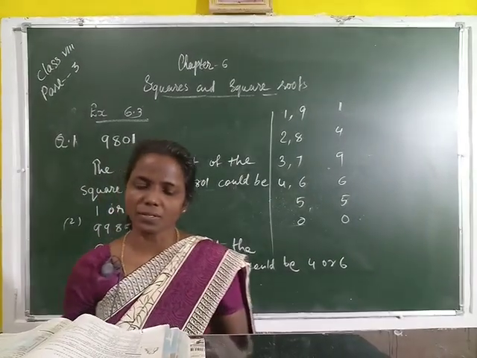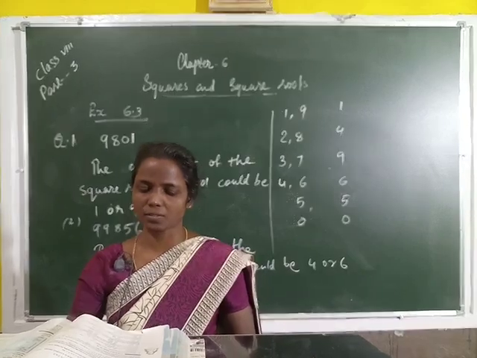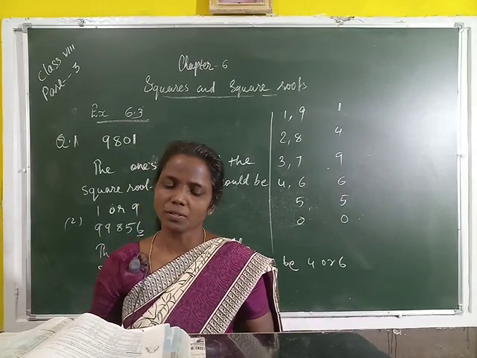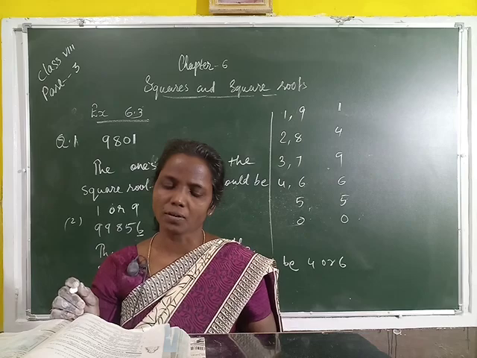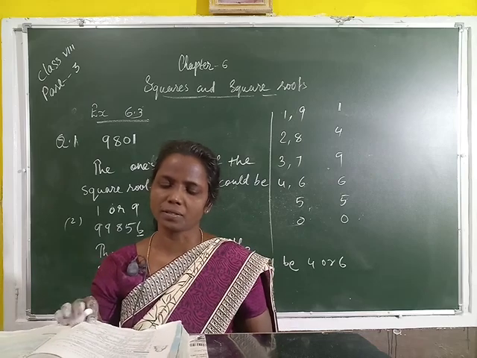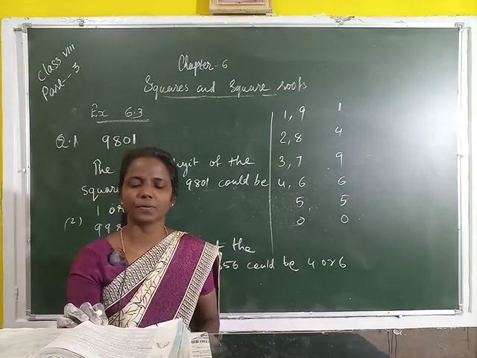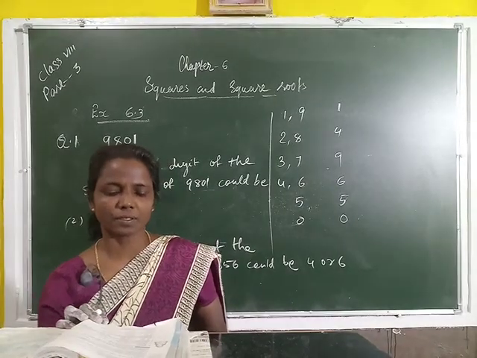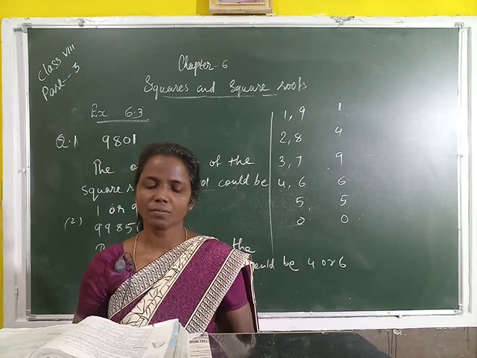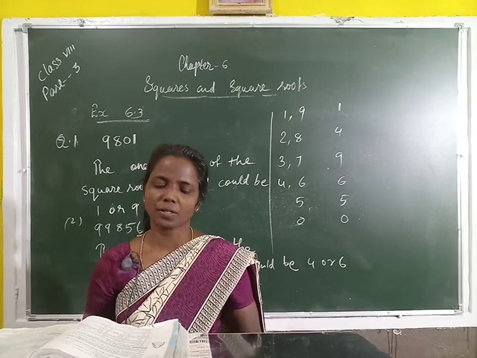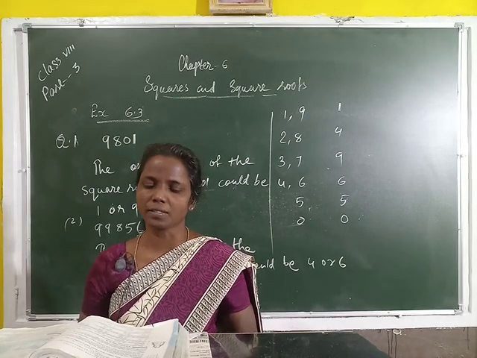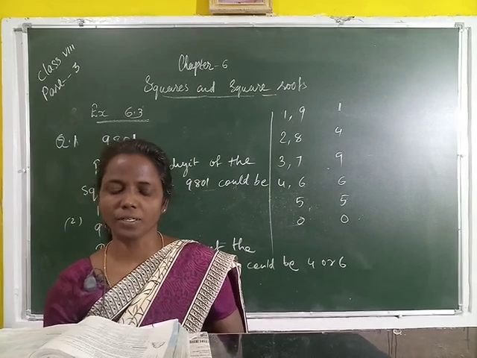Then the balance questions, you can find the answers yourself. Then next, question number 2. Without doing any calculation, find the numbers which are surely not a perfect square. Look here. First 153, 257, 408, 441.